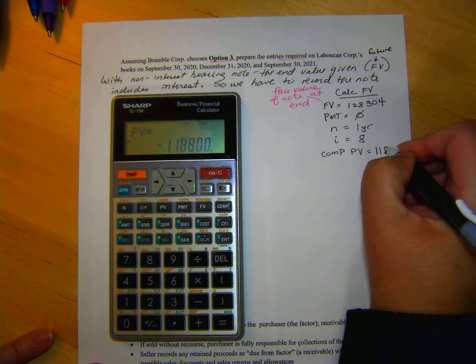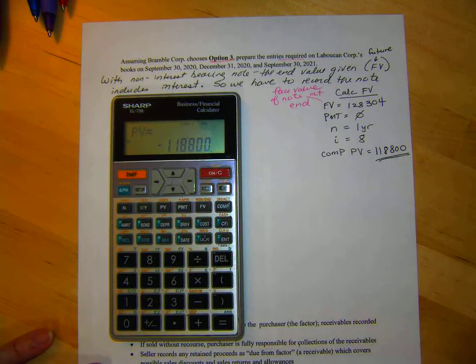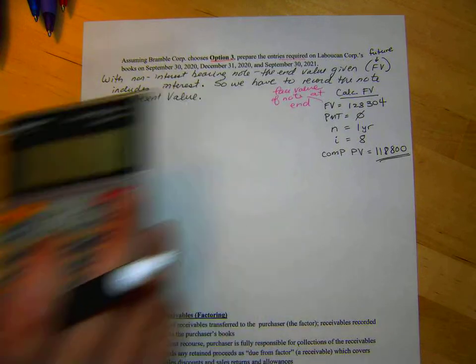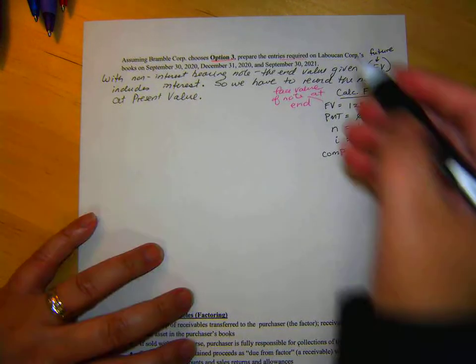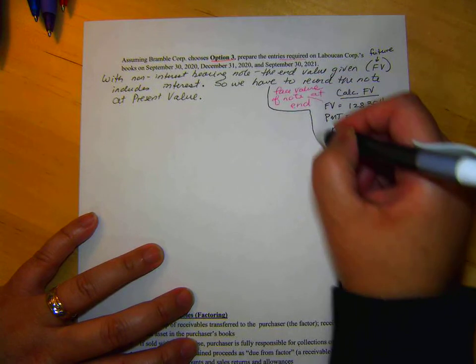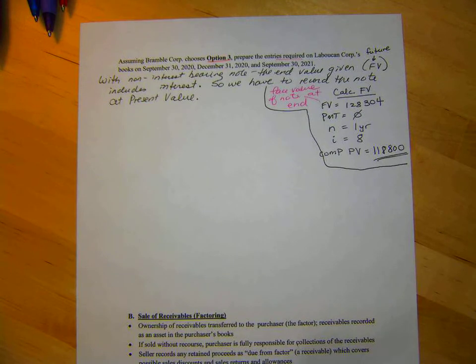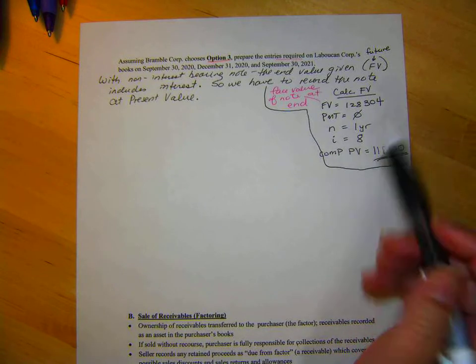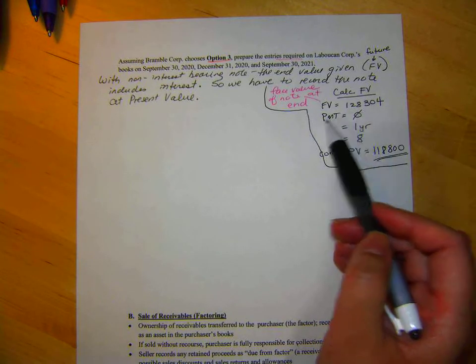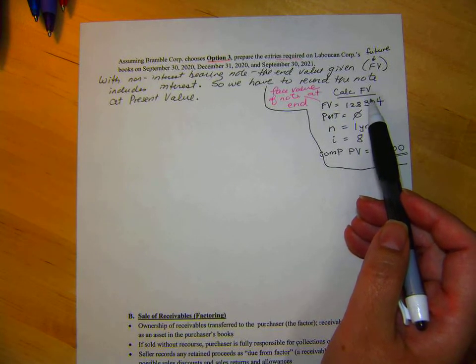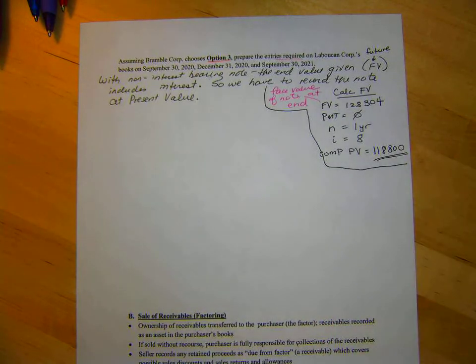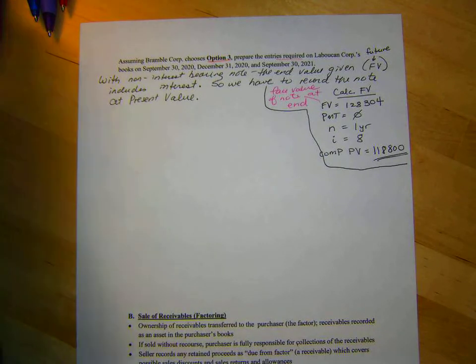And just like we expected, since it's all the same debt we're paying off, our customer's paying off, it's going to be 118,800. So, that is how you calculate it. So, it's similar to our other calculation we did, except there's no payments here. And usually when there's no payments, you've got a future value. And if you have no future value, then you've got payments. That's usually how it works. But you'll find out as you do it.